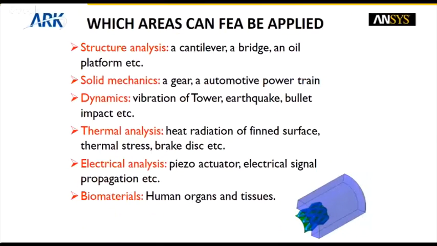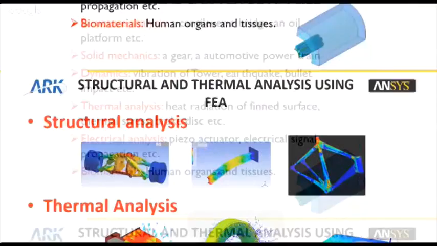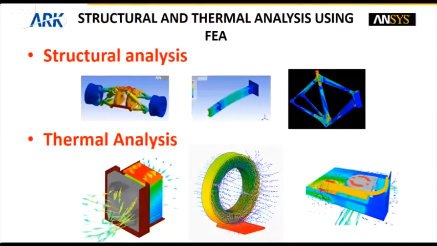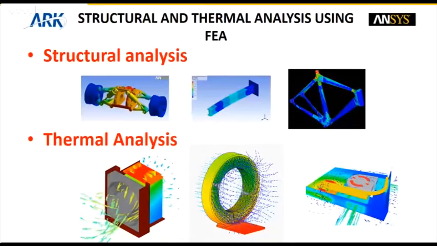So whenever we are talking about ANSYS or FEA, it can be applied for structural analysis. It can be used for solid mechanics, dynamics, thermal analysis, electrical analysis, as well as biomaterials like human organs and tissues. Actually, today's agenda is more towards optimization.